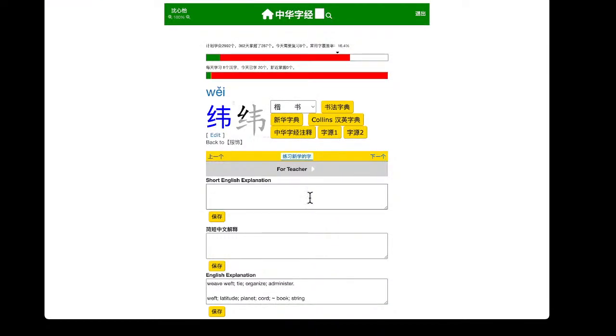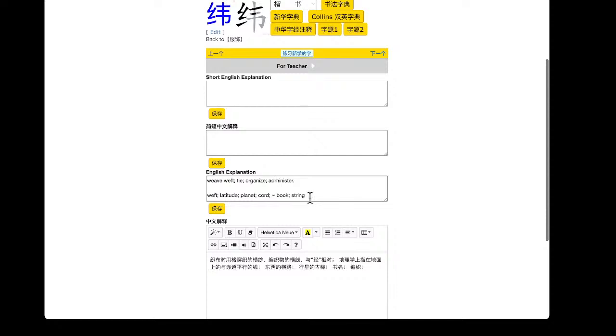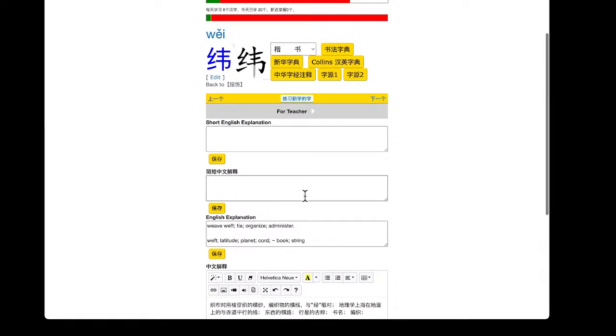Wei. Now wei means the horizontal threads. Okay, when you make a cloth, it's called a wei. Okay, so we weft.